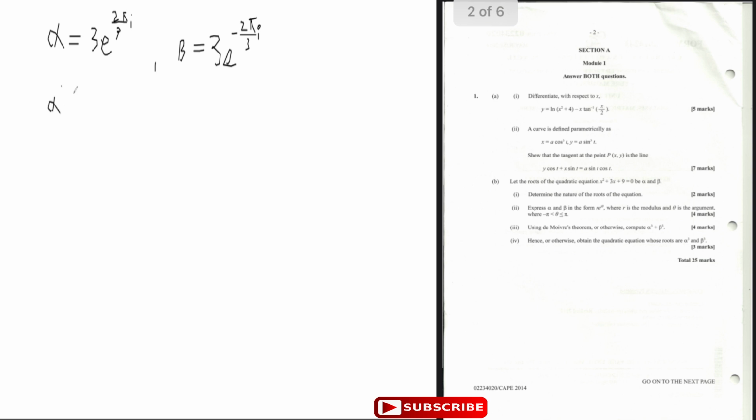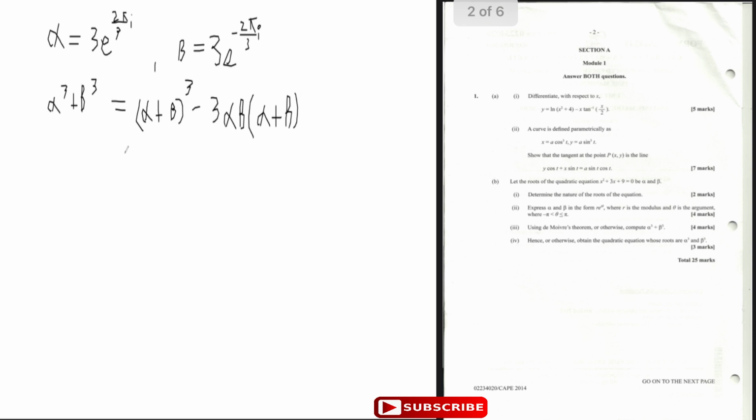If we remember back from unit 1 mathematics, alpha cube plus beta cube is equal to alpha plus beta all cube, minus 3 alpha beta into alpha plus beta. This is how we find it using this. Not going to do De Moivre's theorem, I don't want to get into that right now.